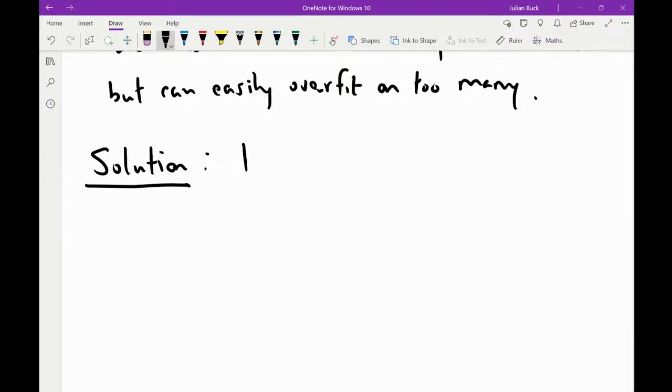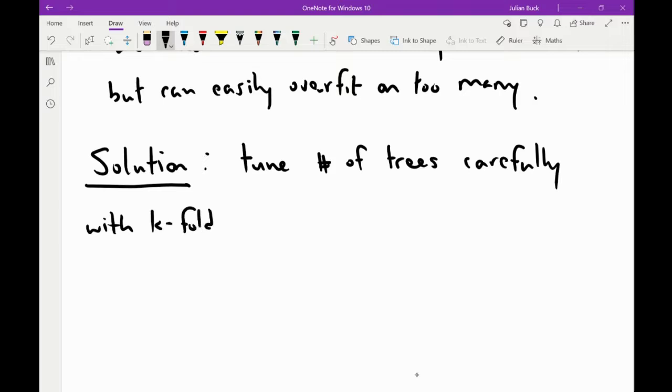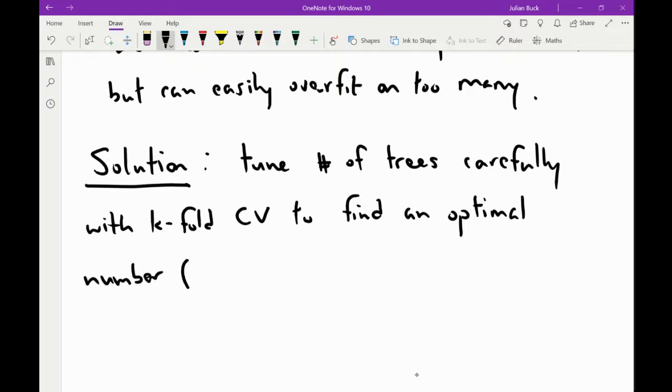Okay. So the solution then is tune the number of trees very carefully with k-fold cross-validation to find an optimal number. But we also got to be careful here with respect to the other hyperparameter values, because this can change.